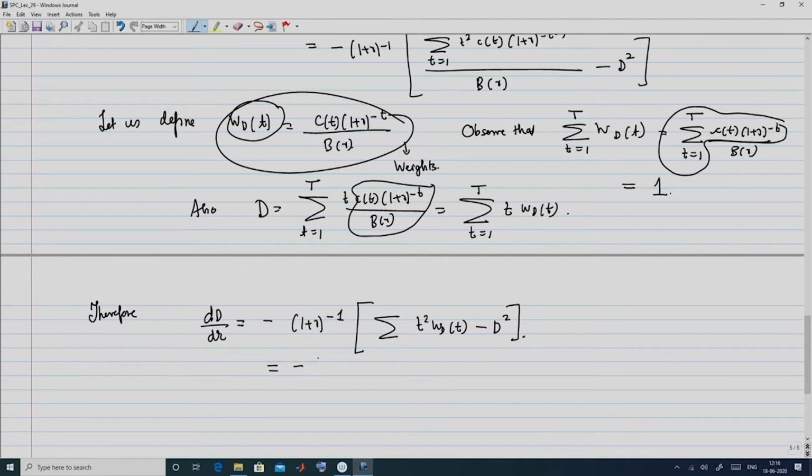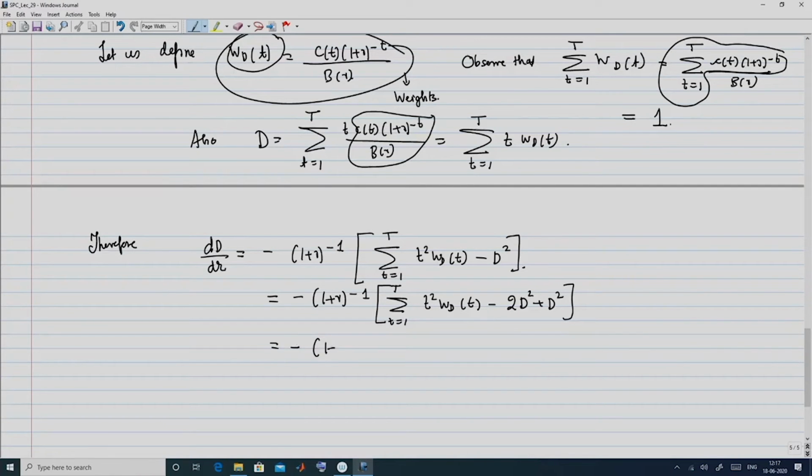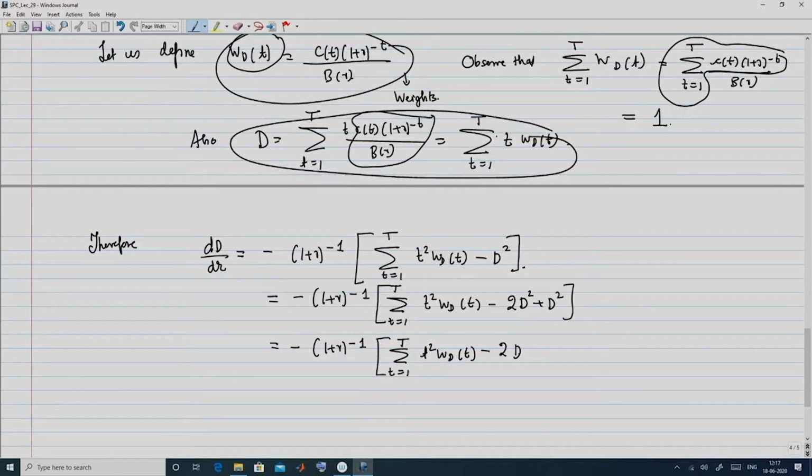And this can be rewritten as 1 plus r raised to minus 1. So, the summation is from t equal to 1 to capital T. So, this is going to be summation t is equal to 1 to capital T, t square w d of t minus twice D square plus D square, and this can be written as minus of 1 plus r raised to minus 1 of summation t is equal to 1 to capital T, t square w d of t minus twice D, and one of the D's can now be replaced with this expression.